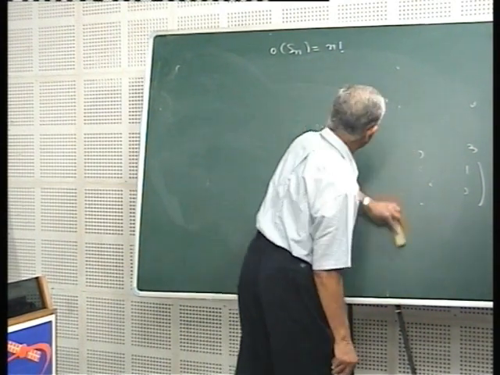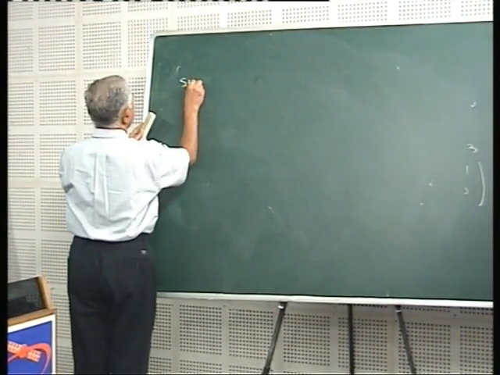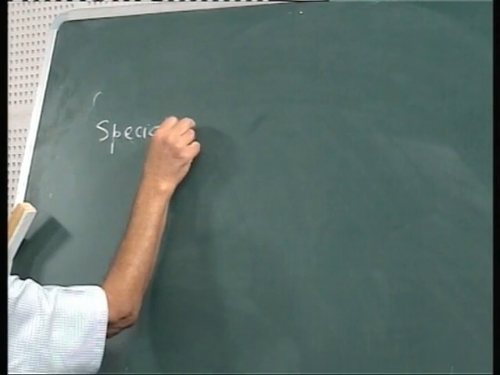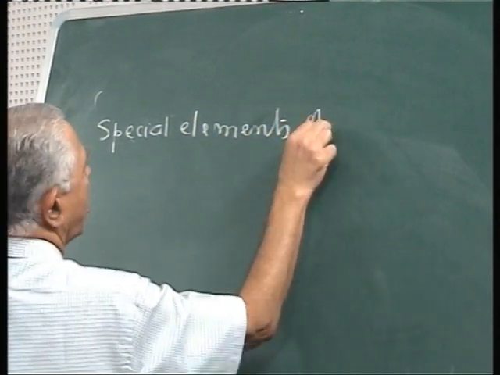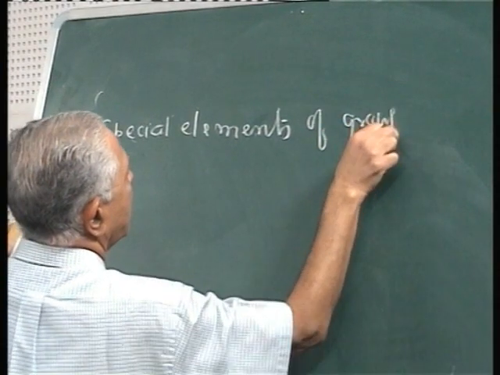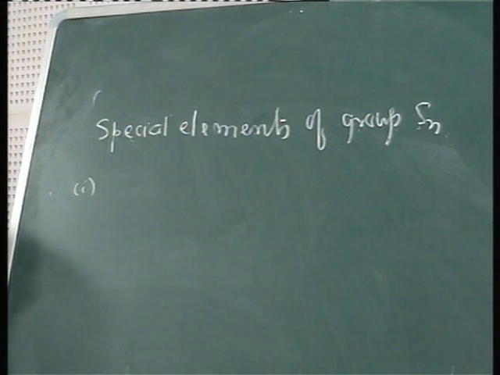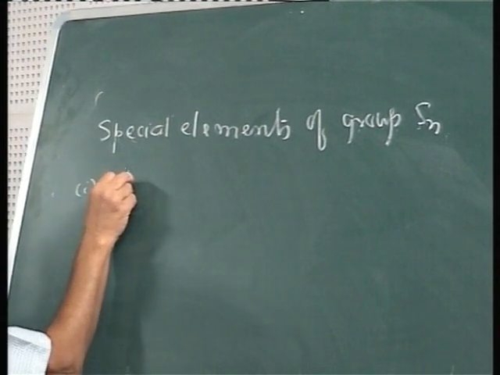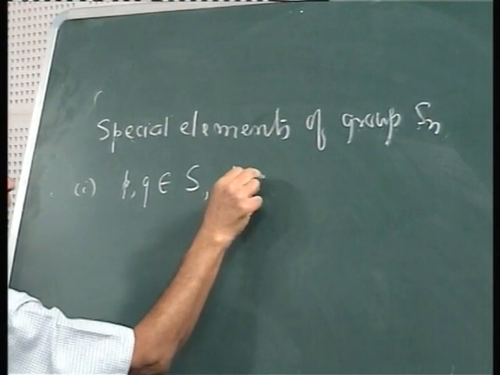So now we have some special elements of group Sn. First, take any two distinct integers p and q belonging to S, p not equal to q.